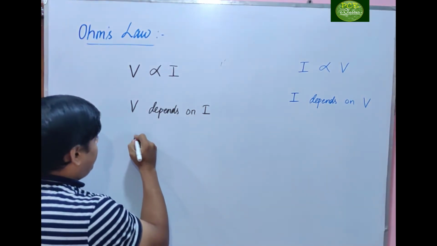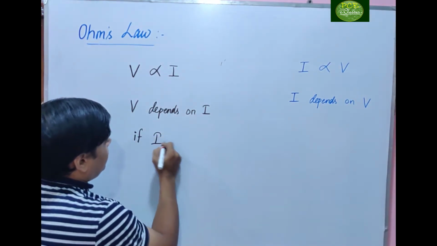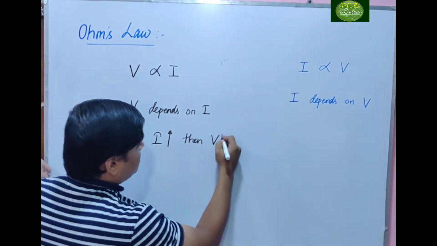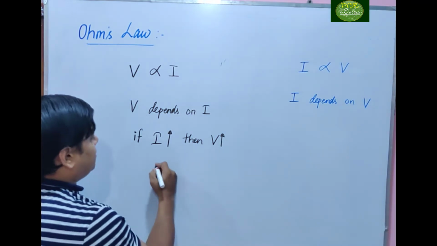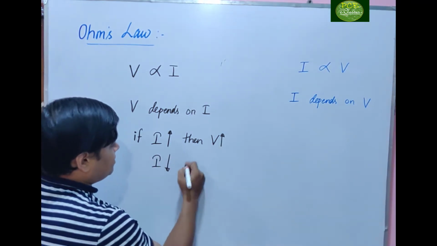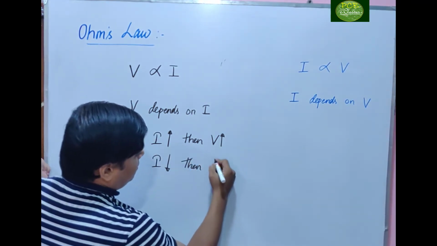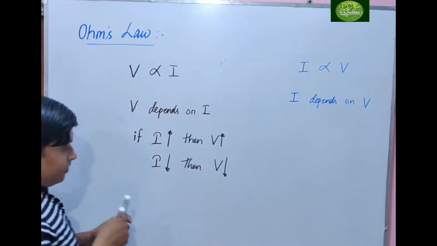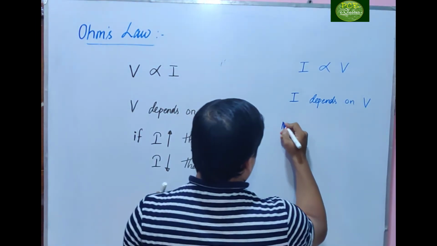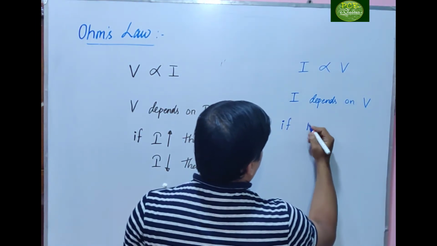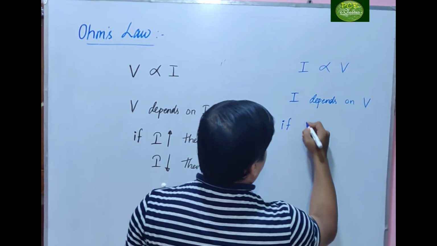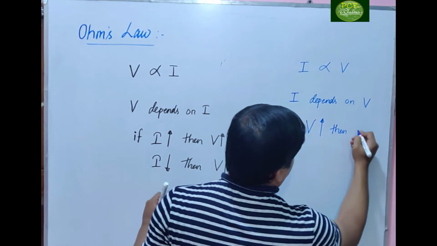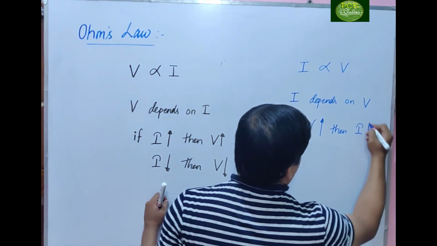That means if I increases, then V increases. If I decreases, then V decreases. Who is depending? V is depending. Whereas here, if V increases, then I increases.